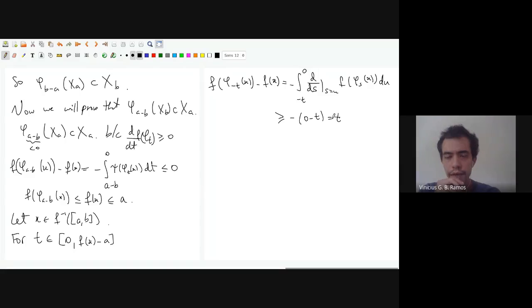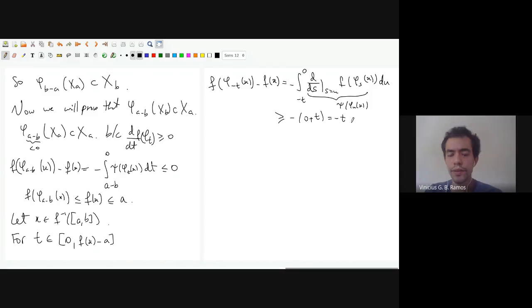Sorry, this is what happens when you change from your notes to the class. Yeah, this is the psi of phi u of x, and this is less than or equal to 1. So this is going to be bigger than or equal to minus 1 minus t. Yes, that's right.